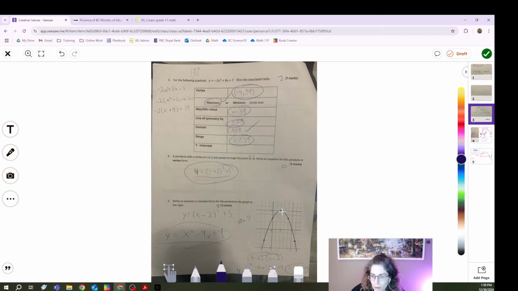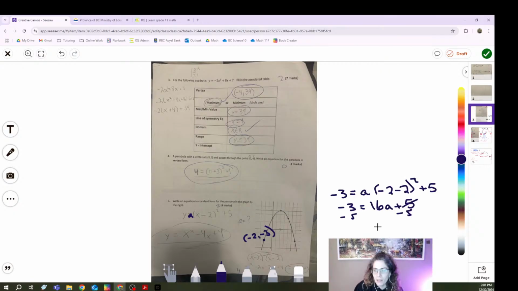How do I solve this equation? Okay, so then we'll end up with, and now last step. So what does a equal?